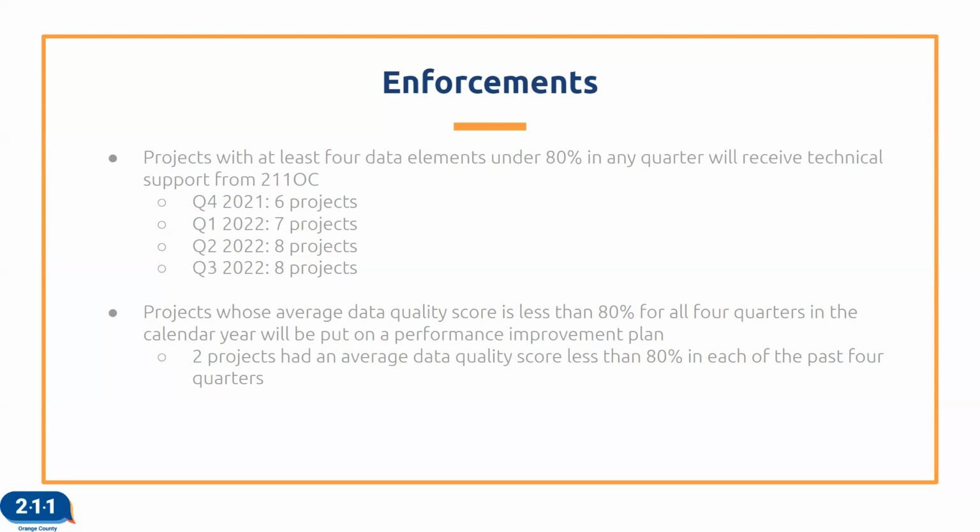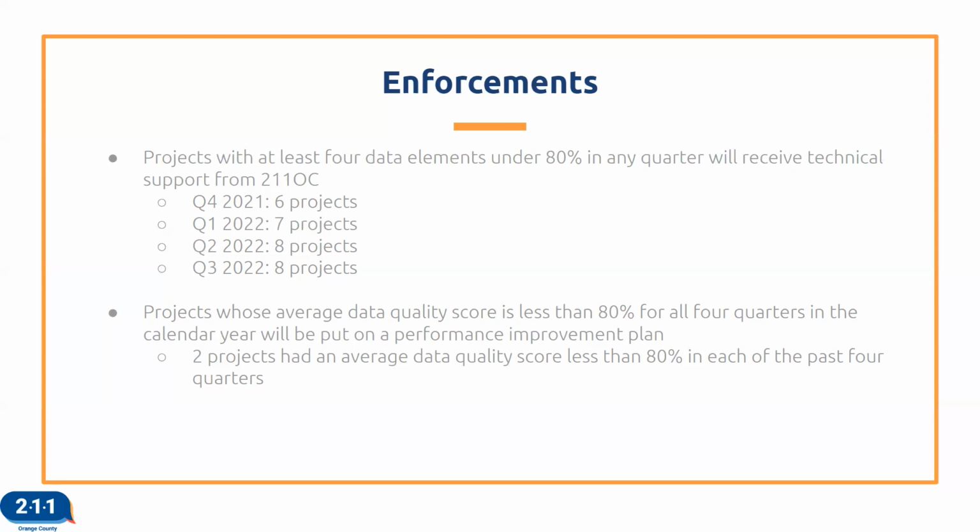And I also wanted to add, in reviewing the data, for street outreach projects, I can practically hear some of you worrying about street outreach. So for street outreach projects, we are only going to be looking at data quality for those clients that have a date of engagement.